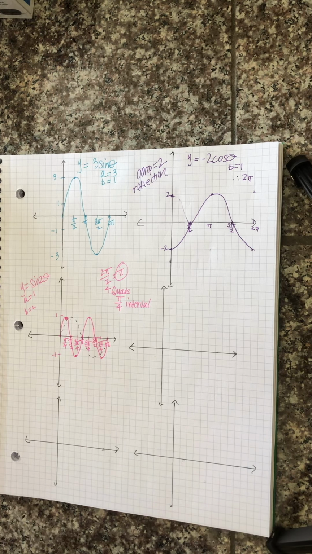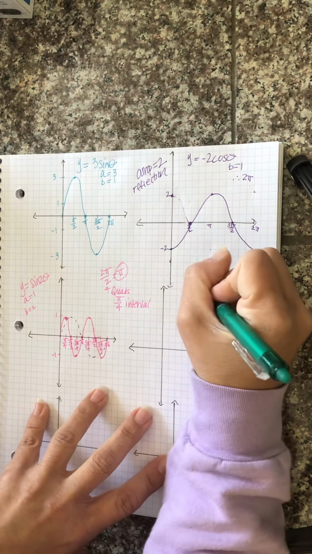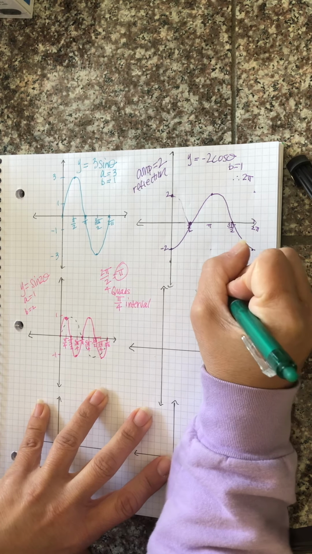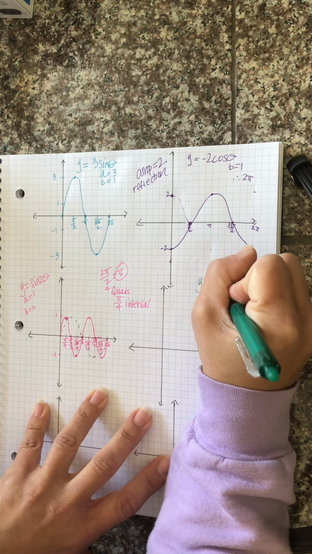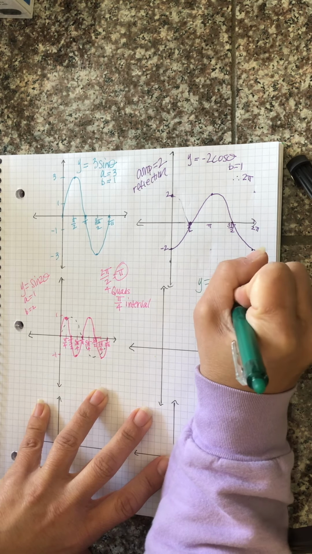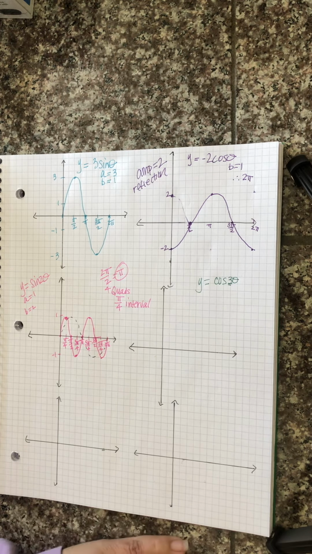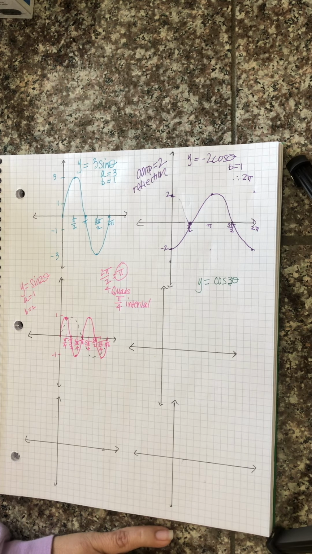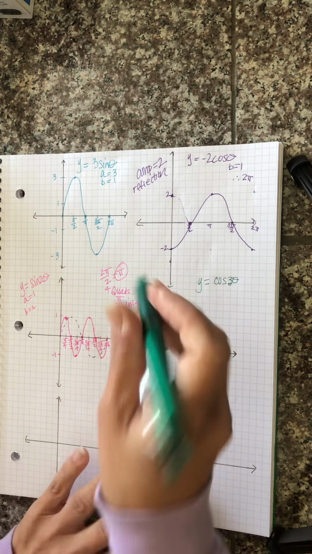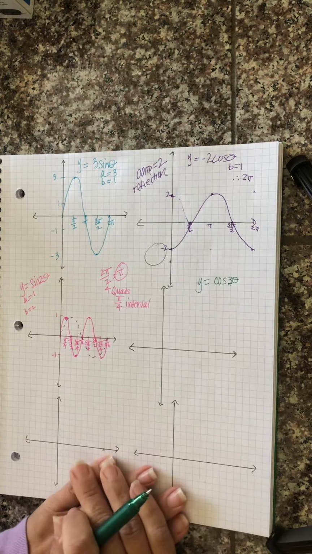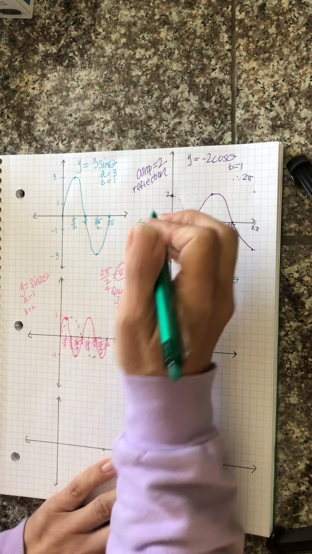Okay, so how about something that doesn't divide so nicely? How about I ask you to do y equals the cosine of 3 theta. Okay, that means that there has to be 3 waves between 0 and 2 pi. Okay, so you have a pie, whatever, you got a pizza, and you're splitting it among 3 people.